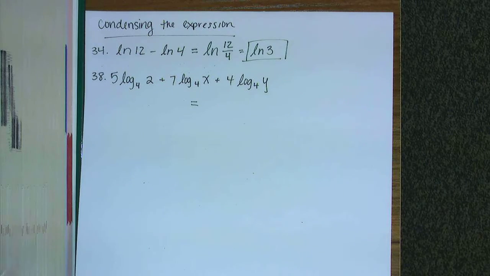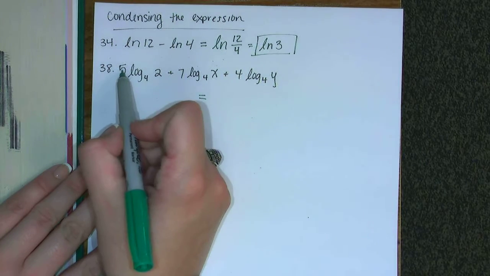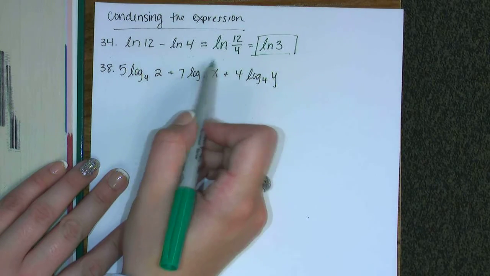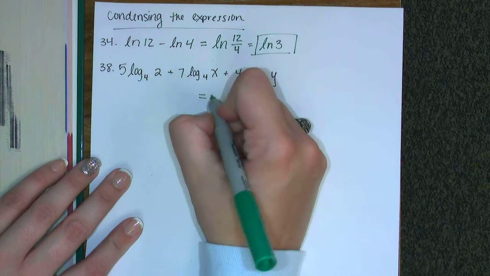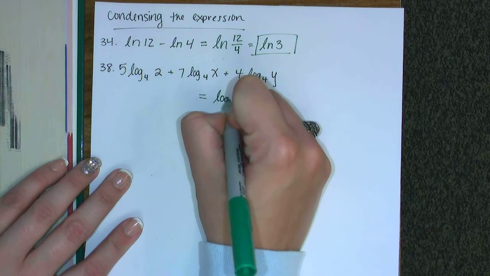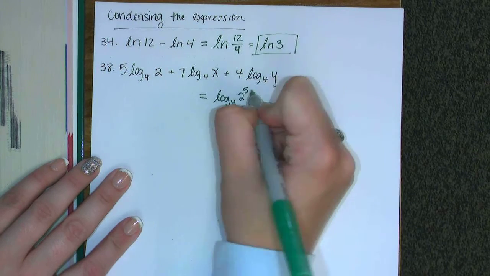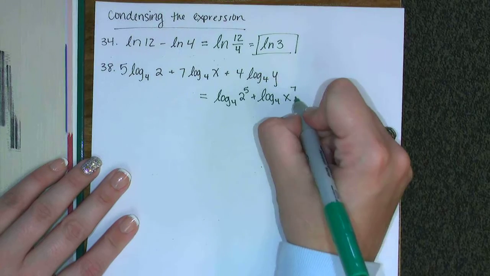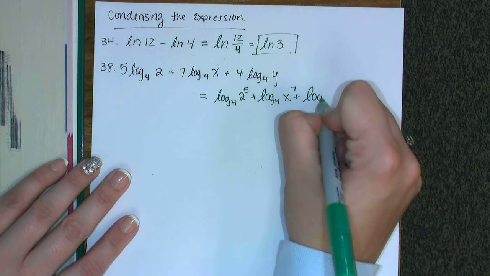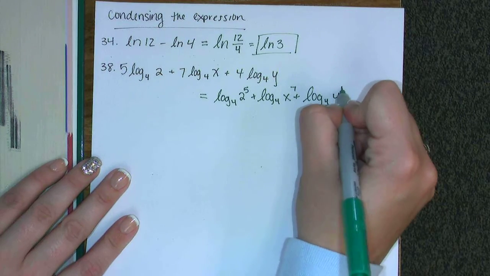So the first thing I need to do is put all of these exponents back in here. So log base 4 of 2 to the 5th plus log base 4 of x to the 7th plus log base 4 of y to the 4th.